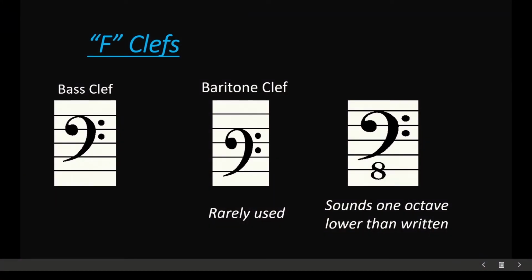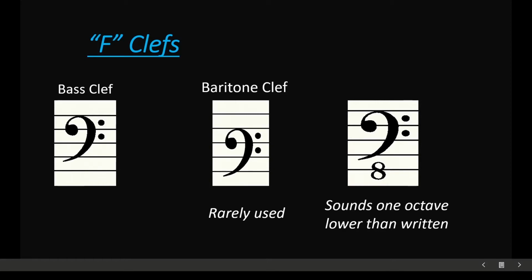So now let's take a look at these other F clefs. The one in the middle is called a baritone clef. Notice how the line sandwiched is the third line and not the fourth compared to the bass clef. This goes back to what I said before. The clef has changed to acclimate to the instrument, so not as many ledger lines are required.